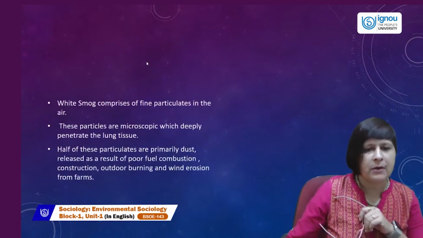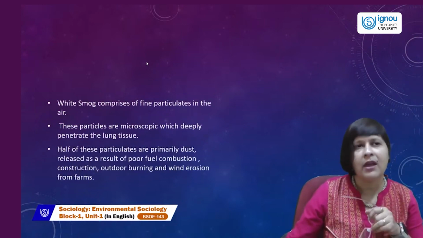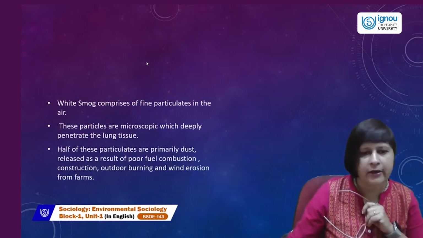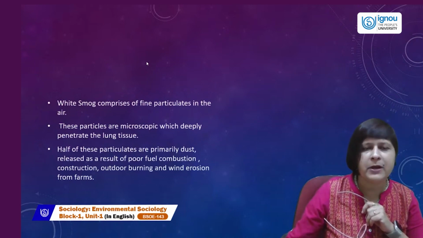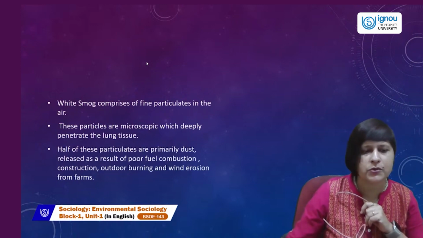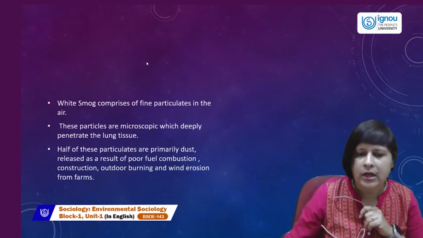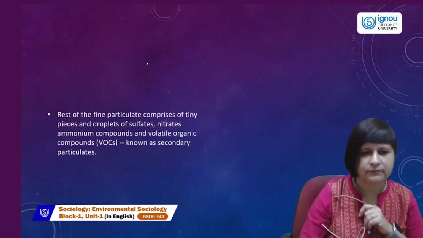Another type of smog is white smog, and white smog comprises fine particulates in the air. These particles are microscopic, which deeply penetrate the lung tissues. Half of these particulates are primarily dust, released as a result of poor fuel combustion, construction, outdoor burning, and wind erosion from the farms.